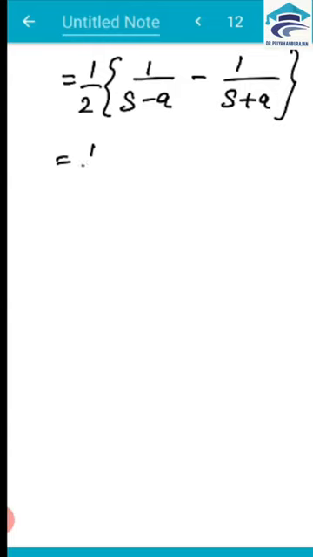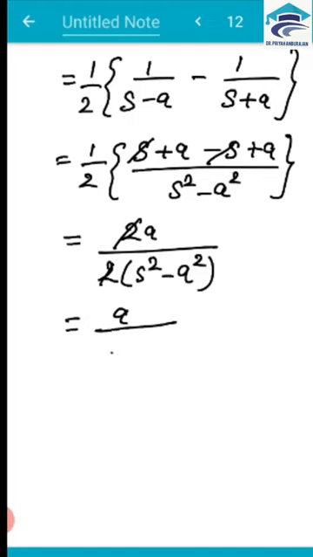If you take the LCM here, you will be getting s plus a minus s plus a by, this is the a squared minus b squared formula, so s squared minus a squared. So my s will get cancelled, and I'm having 2a by 2 into s squared minus a squared. The 2 will get cancelled. This will become a by s squared minus a squared.